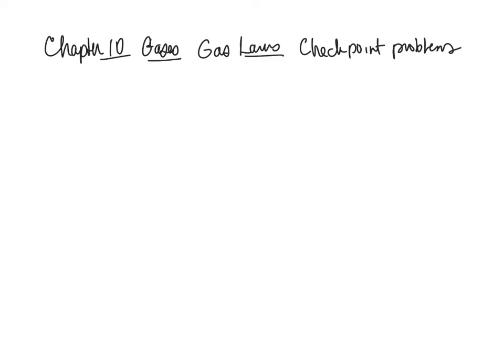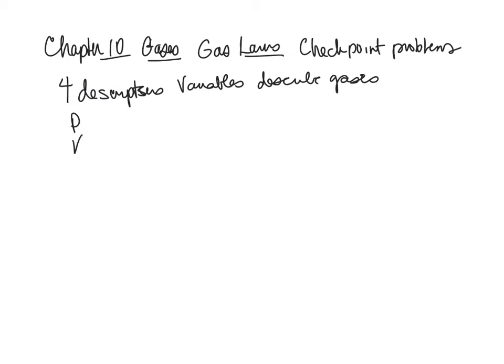So, we had discussed in class that there are four variables that we will be using to describe gases. And those are pressure, volume, the amount, and temperature.